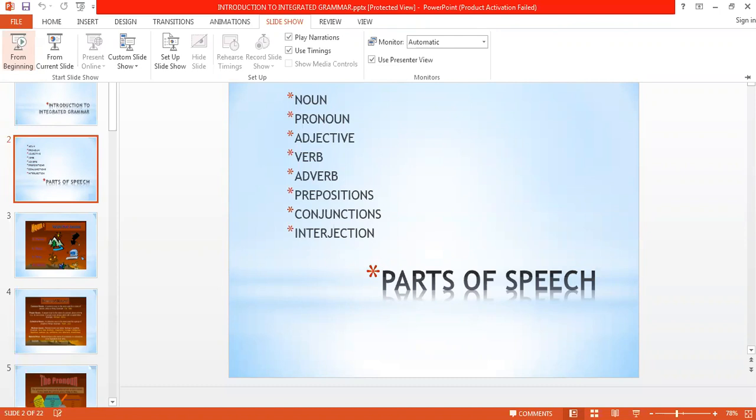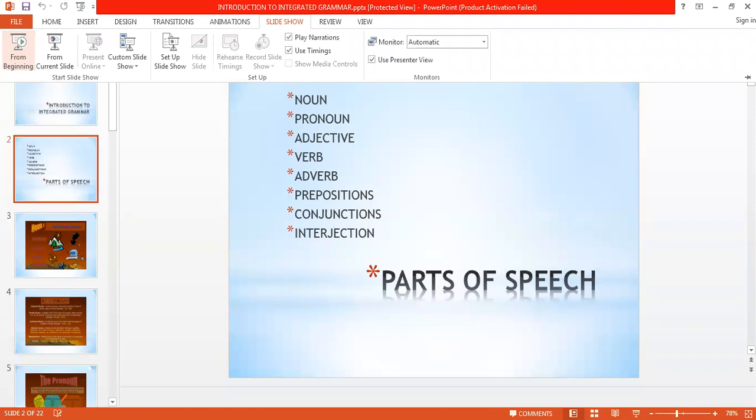So in the same way, when these demonstrative words replace any noun, pay attention to my words. When any demonstrative word replaces a noun, it becomes a demonstrative pronoun. When these demonstrative words follow a noun, then it becomes a demonstrative adjective.